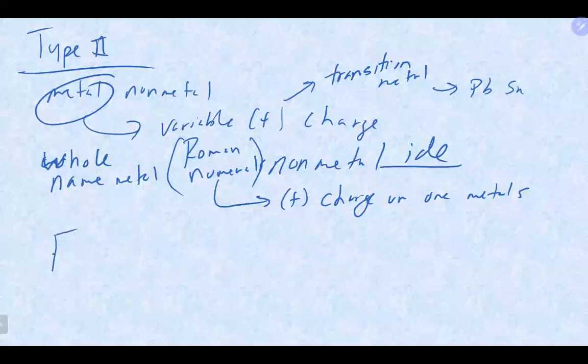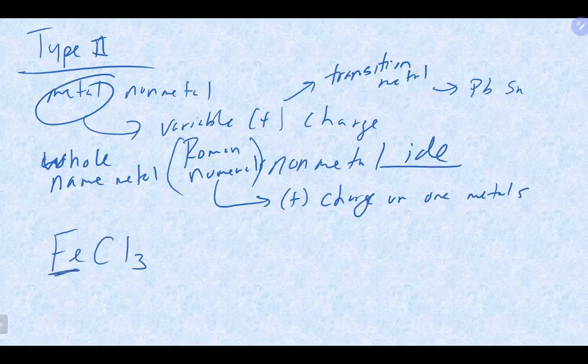So if we had obviously FeCl3, in this particular case, iron is a metal, Cl is a non-metal. Iron is a transition metal, dead center there on the periodic table, which means it's a type 2. So who knows what the charge is? The good news is always with type 2 guys, you'll know what the charge is.